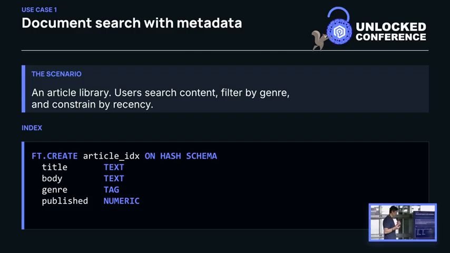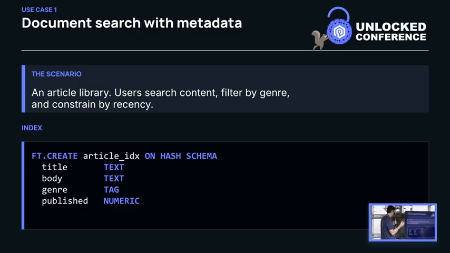So imagine that you would like to implement very fast capabilities to support searching through articles, and your query can specify specific metadata fields like genre, when it was published, the content of the word that appears in the article itself, or the title.